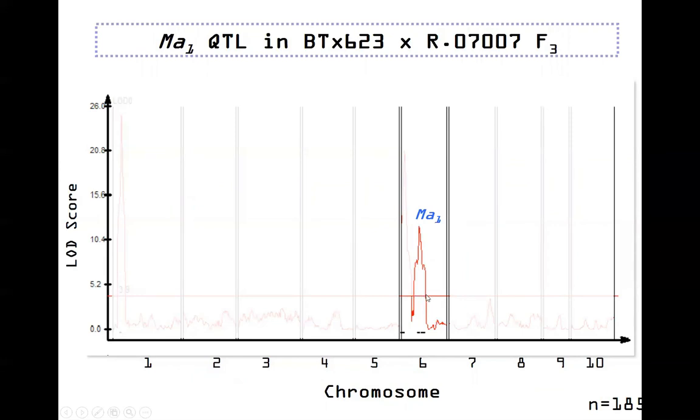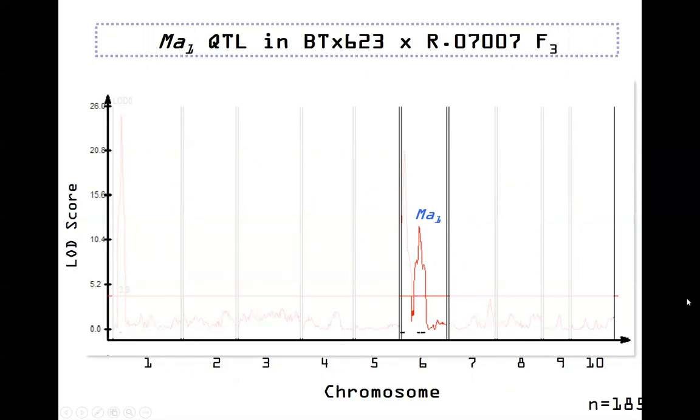Again, locus, because this is too large of an area. This is usually somewhere about maybe 500,000 nucleotides. It could be a little more, a little less. But this is going to be the area where a gene is that's responsible for that phenotype. This is my population size. This is not that large of a population, but that's why I got such a rough map with such a large region.